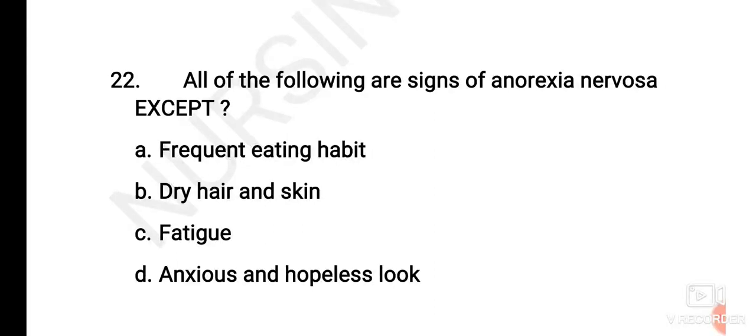All of the following are signs of anorexia nervosa except frequent eating habit, dry hair and skin, fatigue, or anxious and hopeless look.